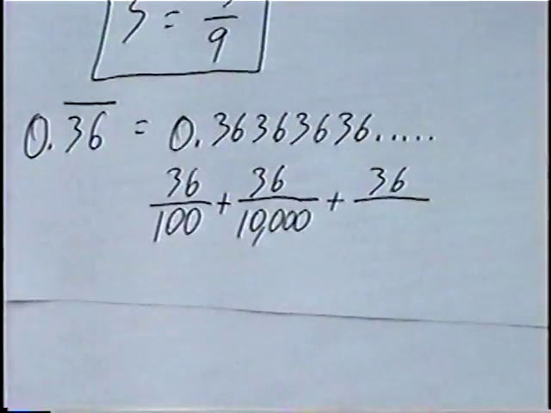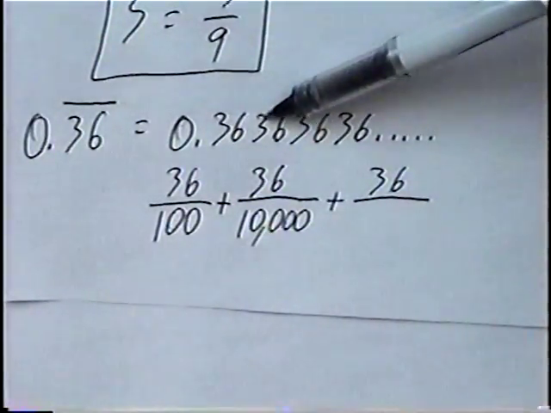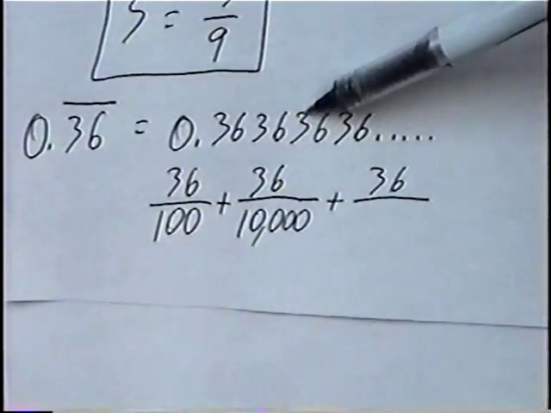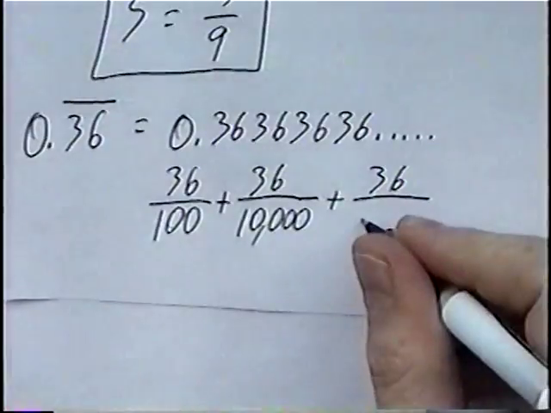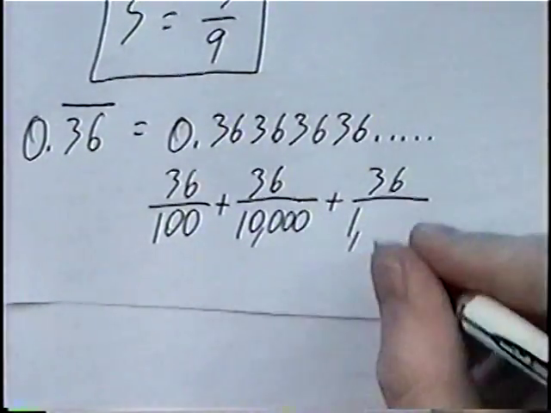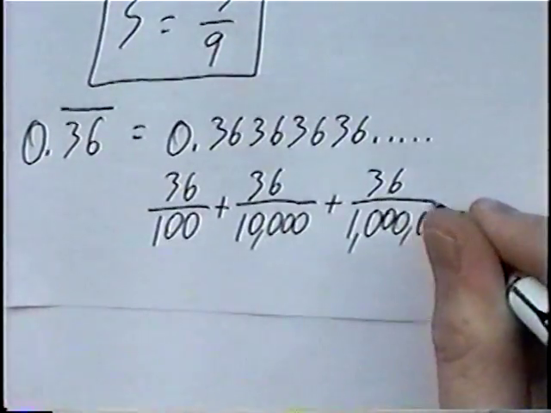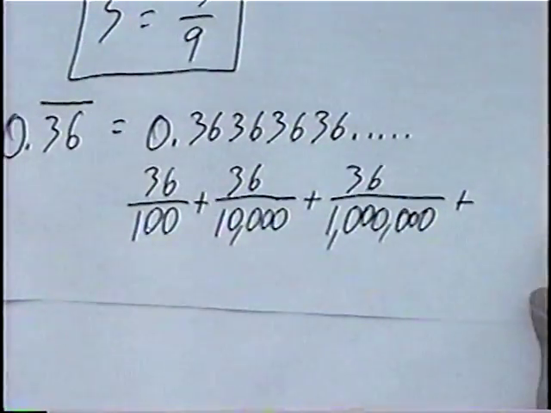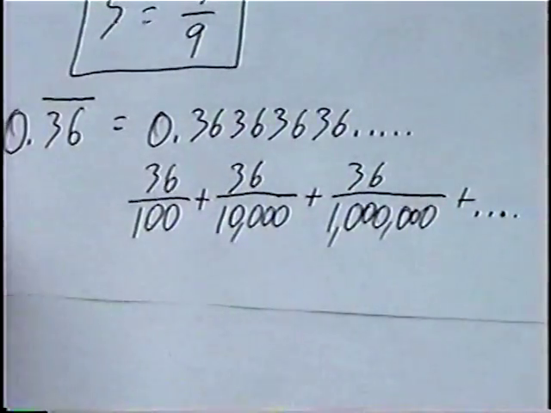The third 36. Counting the decimal spots, we have the tenths, hundredths, thousandths, 10,000ths, 100,000ths, and millionths. So the third 36 would be 36 over a million. After this, we can put... as the fractions would continue on forever.